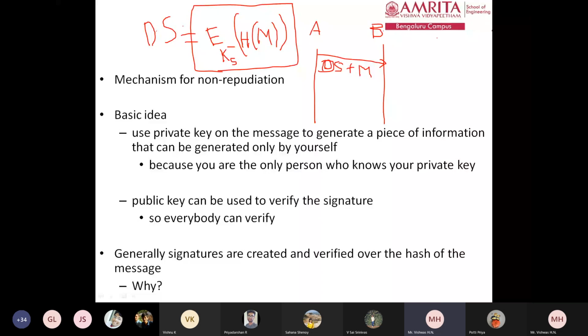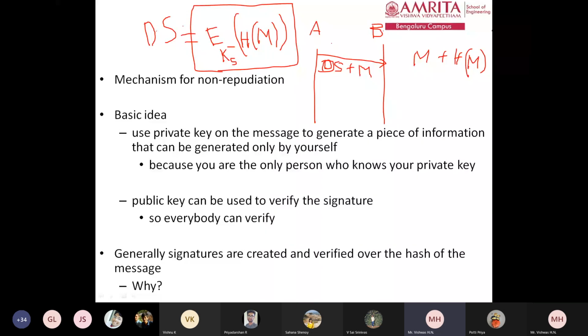Upon receiving this, what will B do? B has the message as it is. Then B will try to decrypt the digital signature. Since H of M is encrypted using the private key of the sender, B will use the public key of the sender to decrypt it. So B will receive H of M plus M. Now B is very sure that it is sent from A, because you can decrypt this H of M only using the public key of the sender.